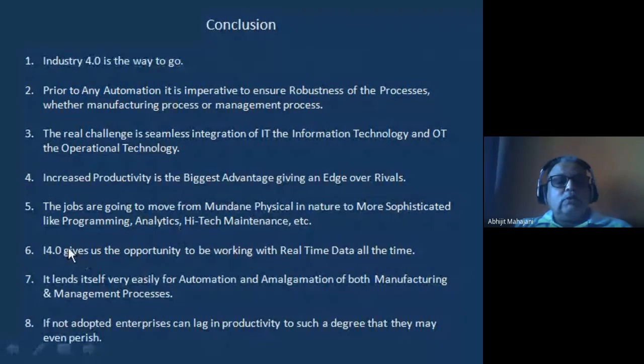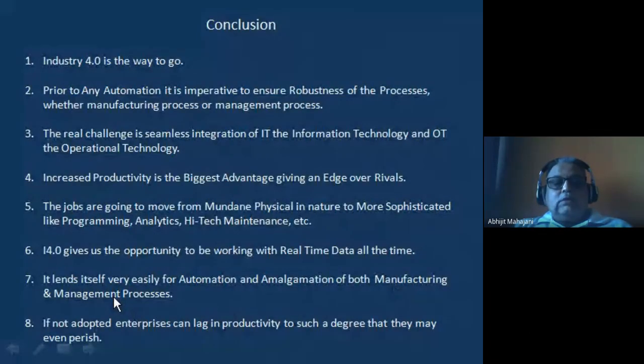Industry 4.0 gives us the opportunity to work in real-time data all the time. This is the most important achievement of Industry 4.0. We are in real time all the time. It lends itself for automation and amalgamation of both manufacturing and management processes.